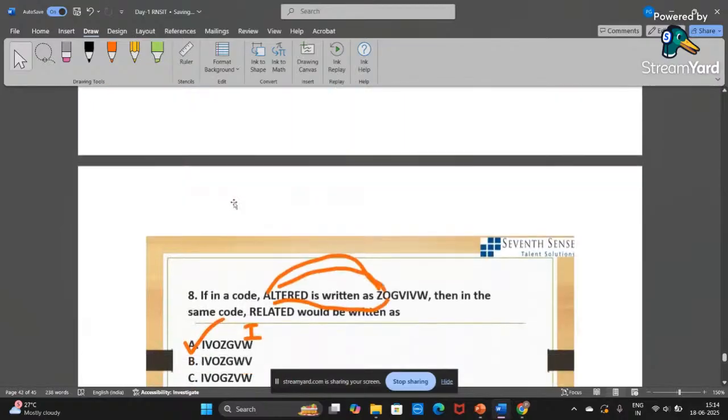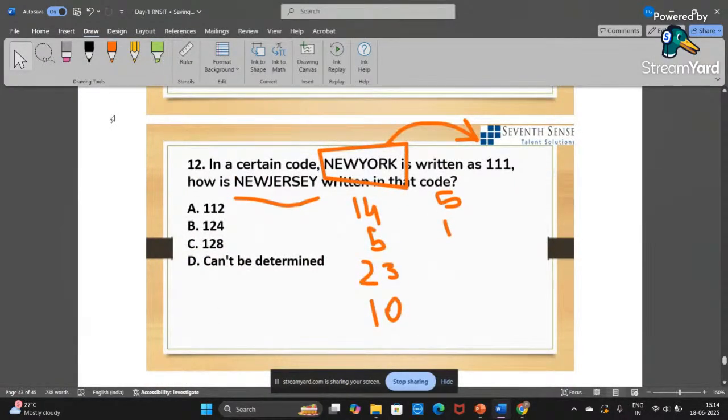Yes, R is 18. R is 18. S is 19. E is 5. And Y is 25.